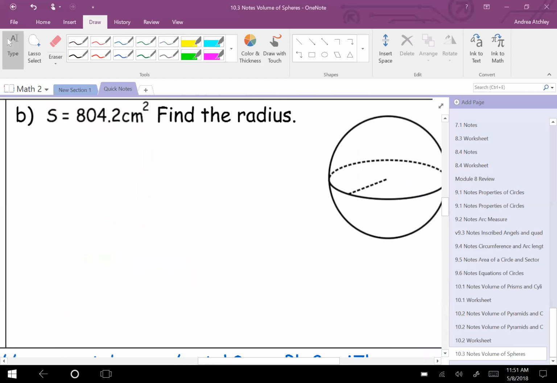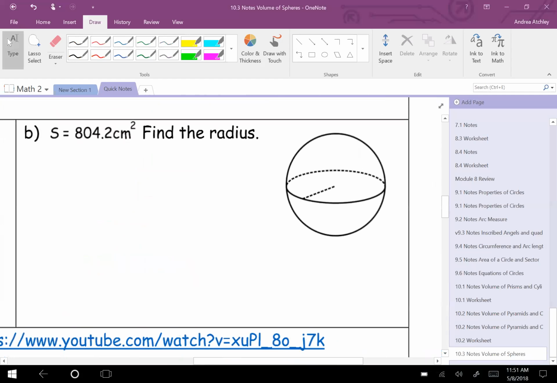The next one, we're going to work backwards. They gave you the surface area, and we want to find the radius. So again, we still use our formula, surface area equals 4 pi r squared. This is my surface area, so I'm going to plug it in for surface area. So 804.2 equals 4 pi r squared. What should I do first?